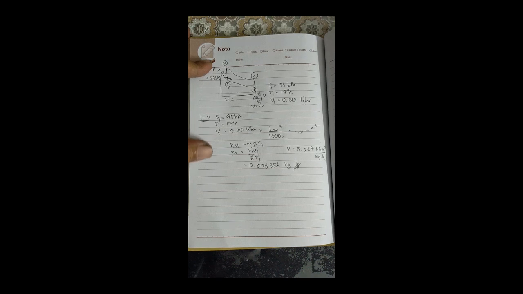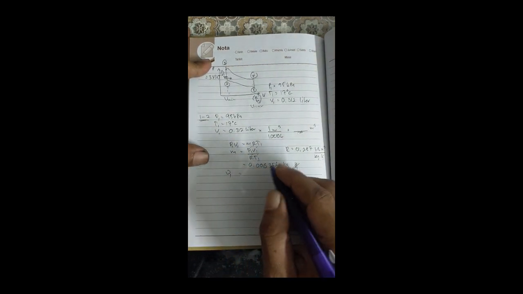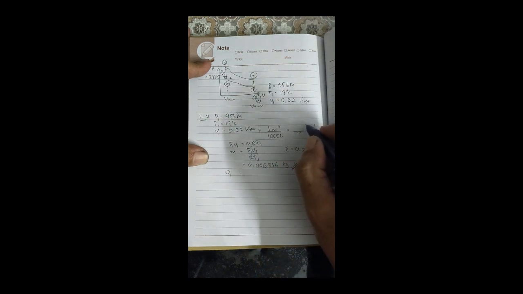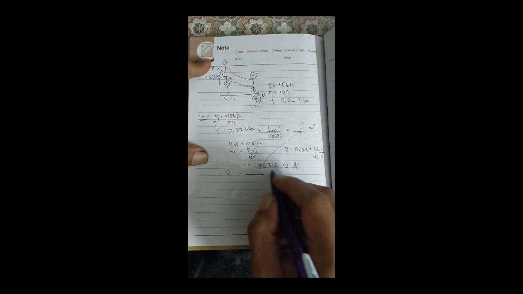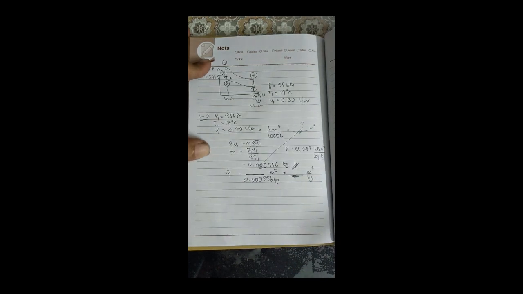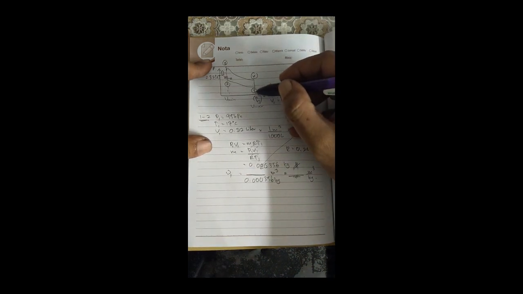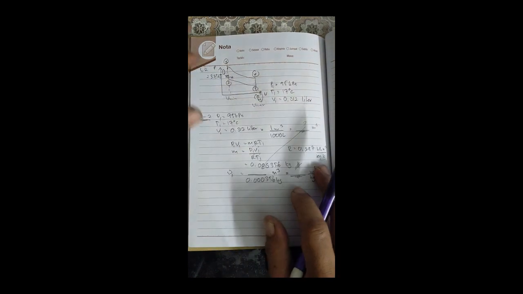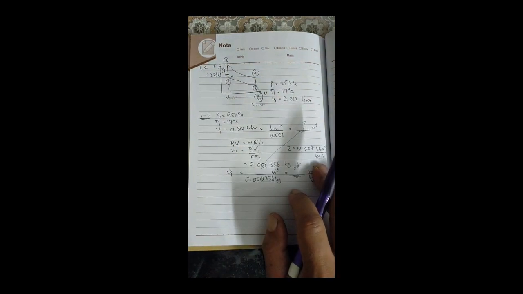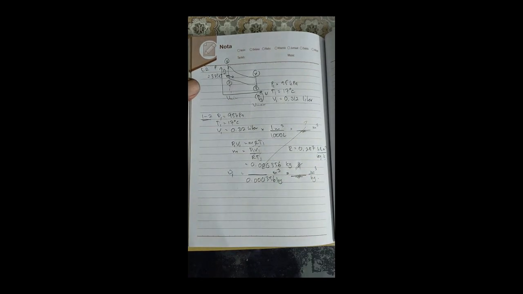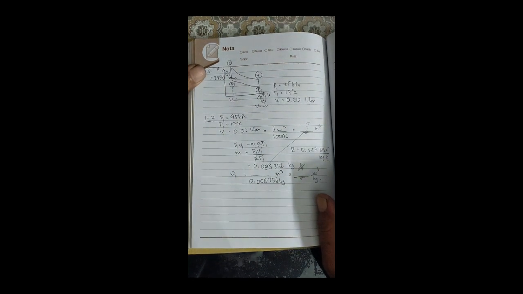From this we can get your specific volume, V1, in meter cube per kg: your volume in meter cube divided by 0.000356 kg. Then, what is the correlation between 1 and 2? 1 to 2 is an isentropic compression.